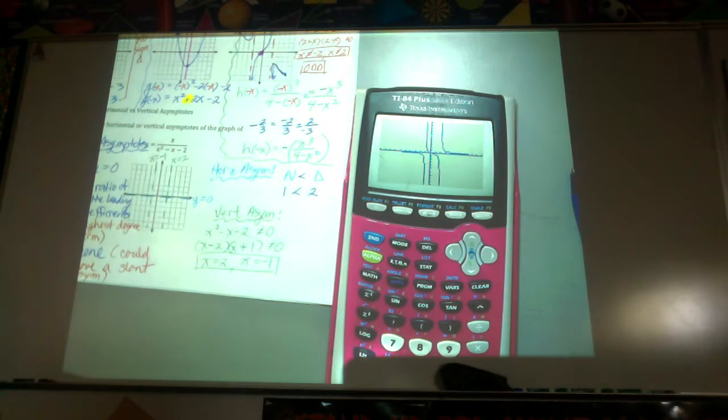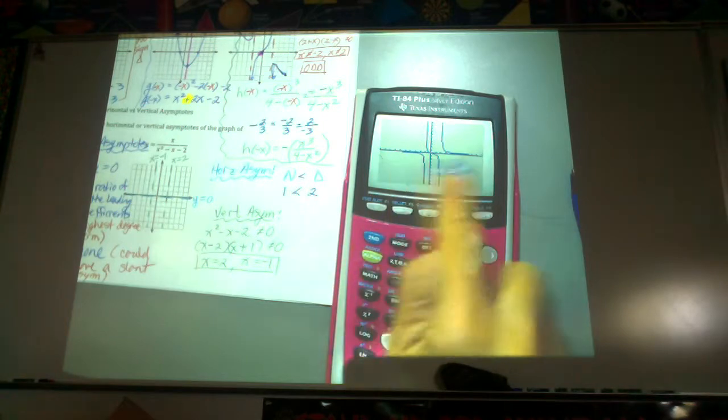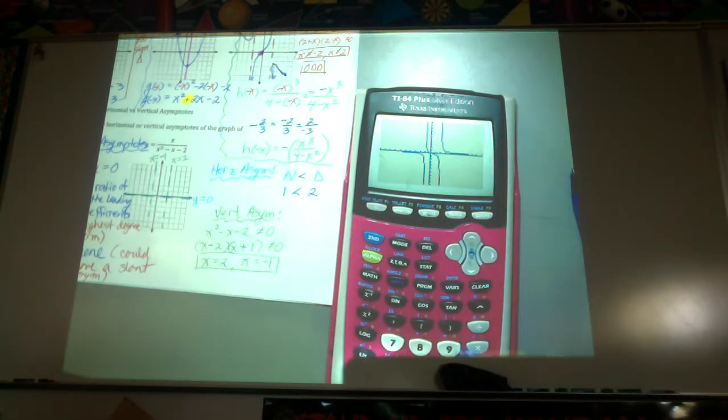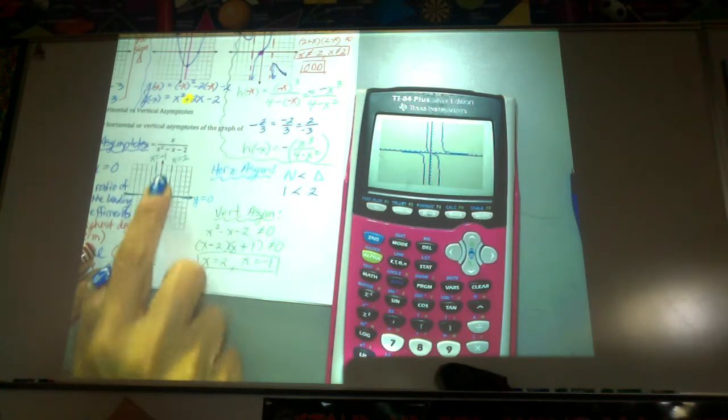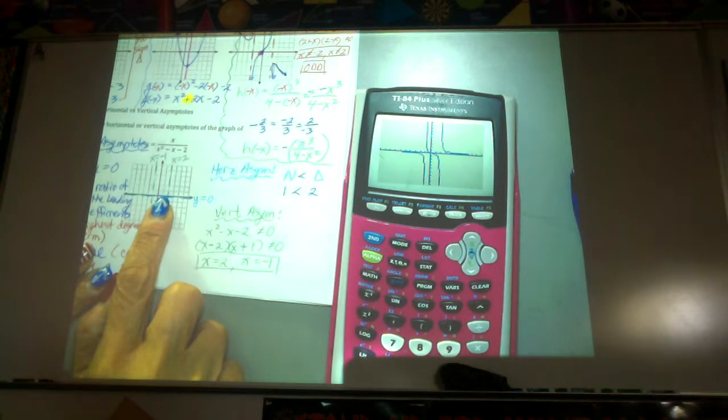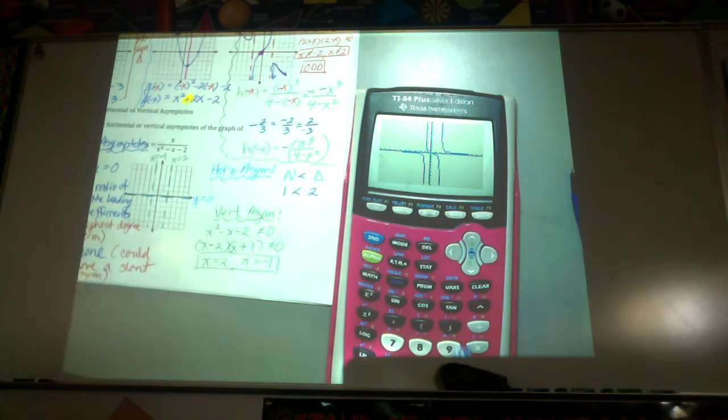There we go. Do we see the vertical asymptotes? Yep. And I see my horizontal asymptote right there, going right through there is y equals 0. So let's find the 0 here. And by the way, your graph can cross that horizontal asymptote in between two vertical asymptotes. Weird but true.